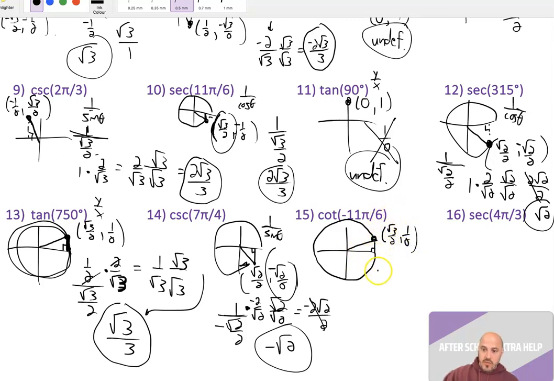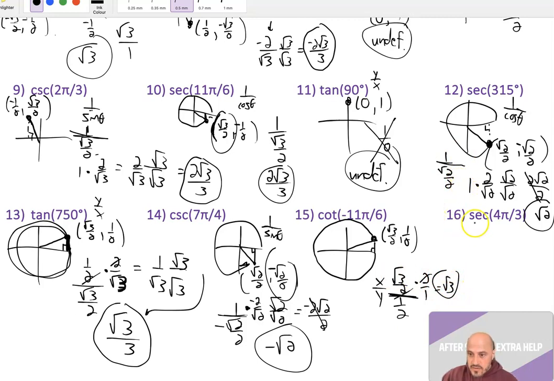Well, cotangent is x over y, so flop these in. So the x value, root 3 over 2, divided by the y value, 1 over 2, multiplied by the reciprocal. So really, I'm multiplying by 2 over 1. These cancel, and I'm just left with root 3.